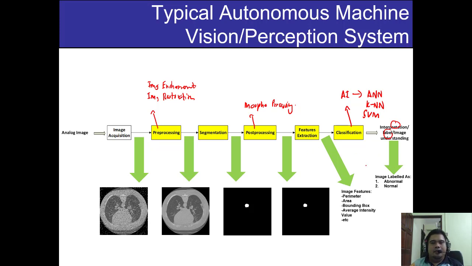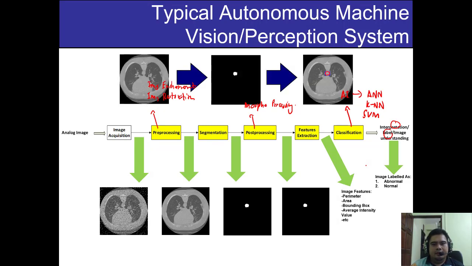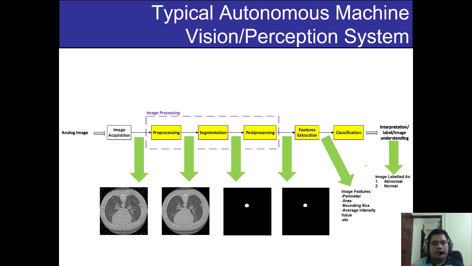So that's how it works in a typical autonomous machine vision system. From this block diagram, as you can see there, I would like to explain here. Just skip those things first. These three points are actually image processing.